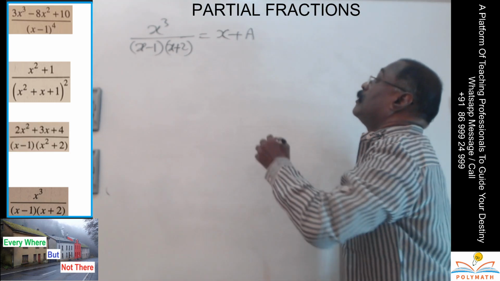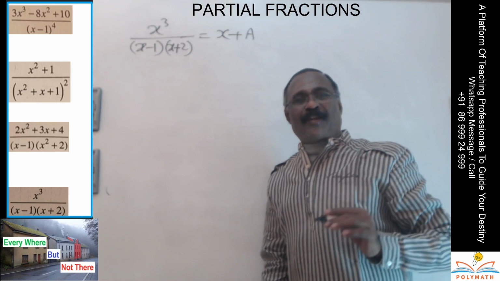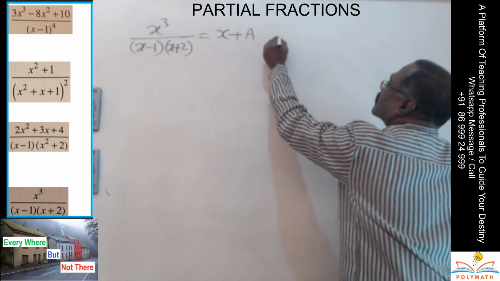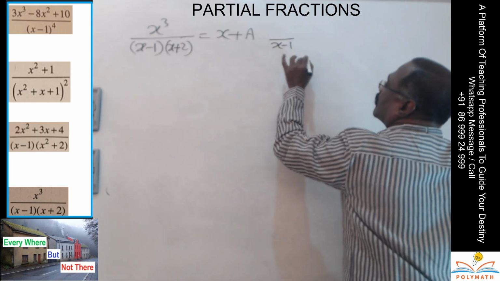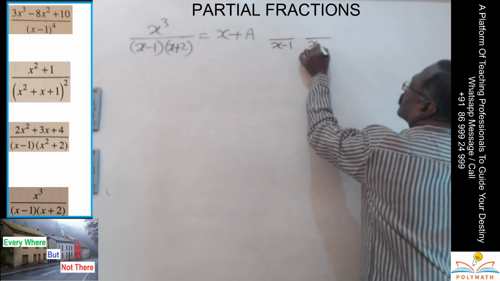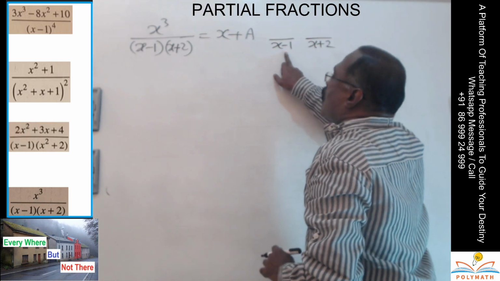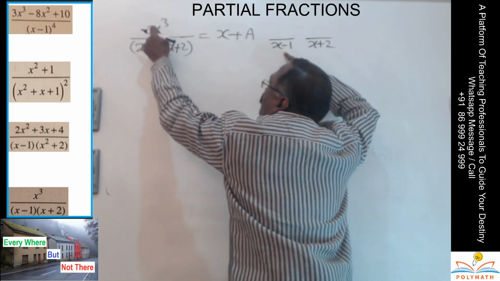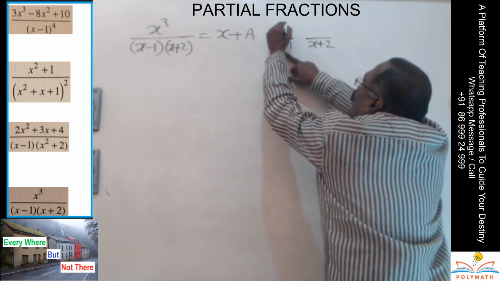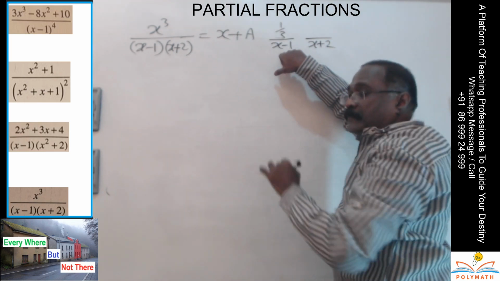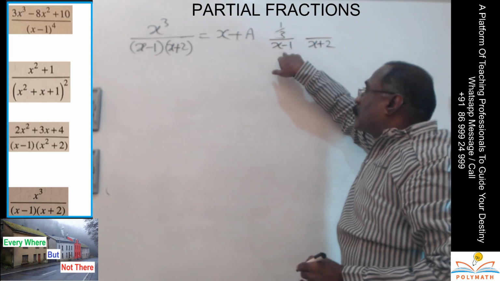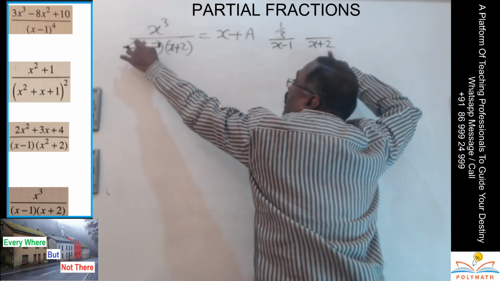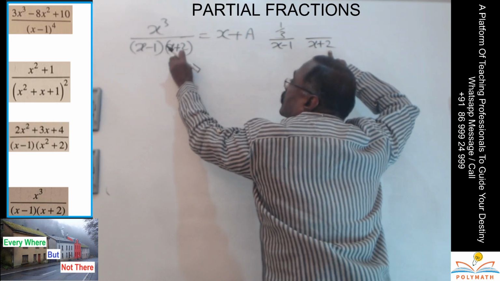Now, as usual, we will follow the method. What is the method? Non-repeating linear factors. This is x minus 1. This is x plus 2. Put x equal to 1, everywhere but not there. 1 by 1 plus 2, 1 by 3. Done. Put x equal to minus 2, everywhere but not there.